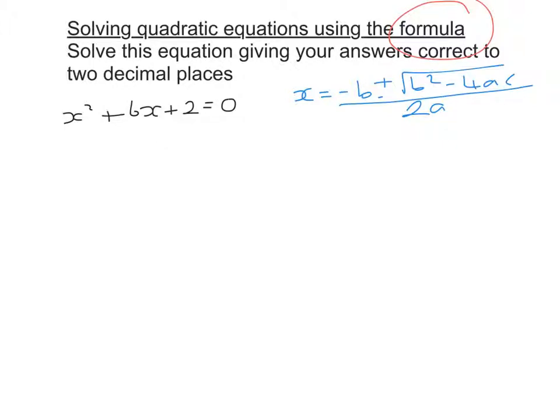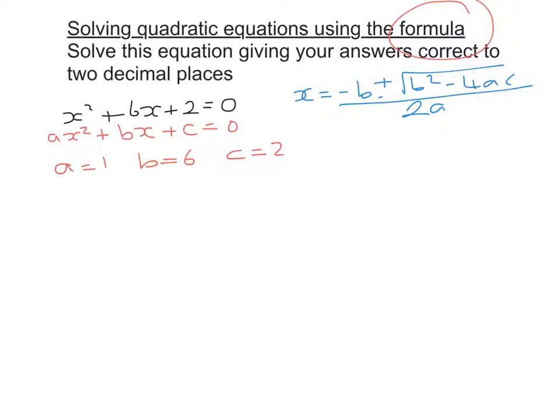Remember, every quadratic equation can be written as something times x squared plus something times x plus something equal to 0. So in our problem here, a is equal to 1, b is equal to 6, and c is equal to 2. Now we've got enough information to plug into our quadratic formula.